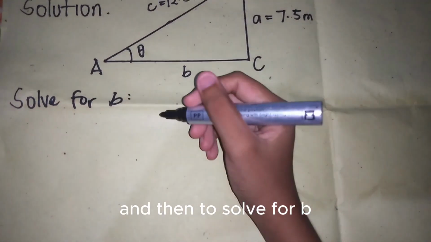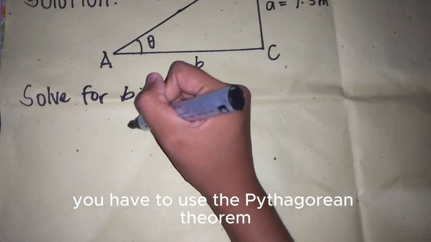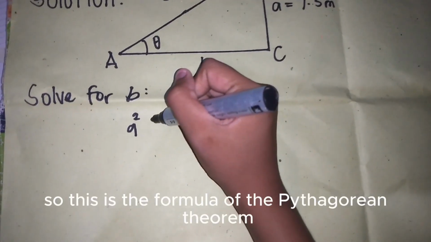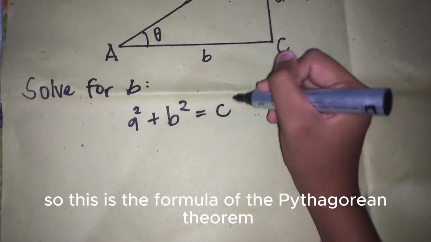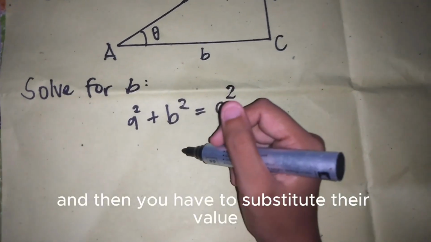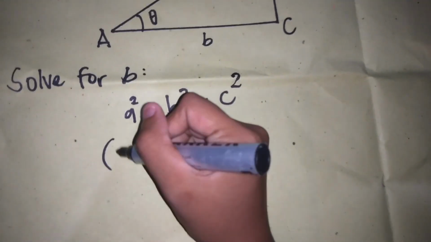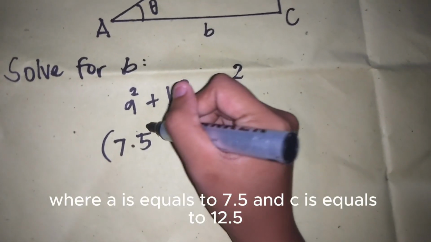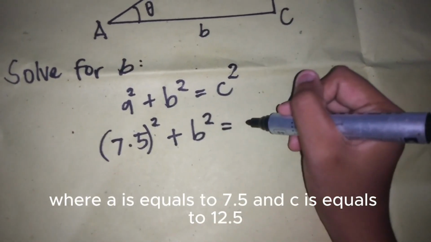And then to solve for B, you have to use the Pythagorean theorem. So this is the formula of the Pythagorean theorem. And then you have to substitute their values, where A is equal to 7.5 and C is equal to 12.5.